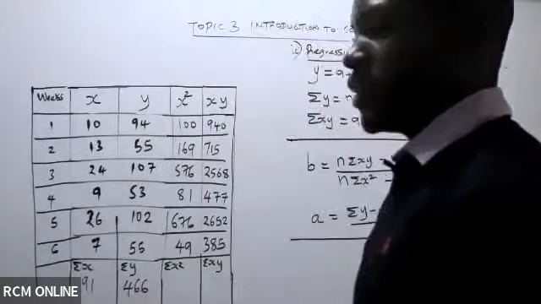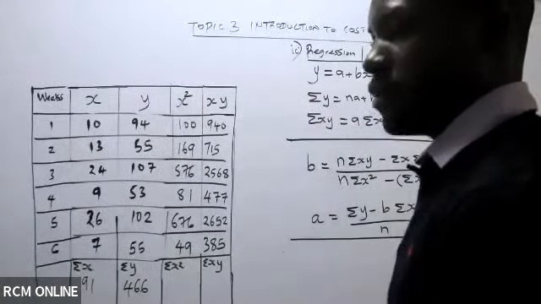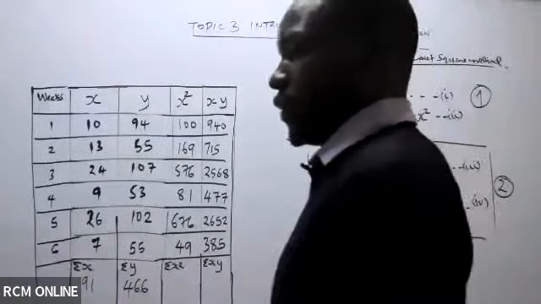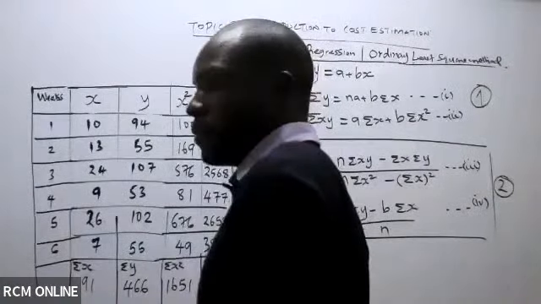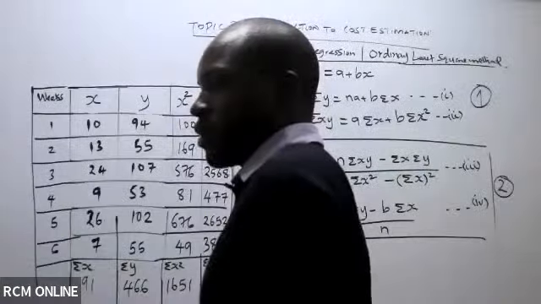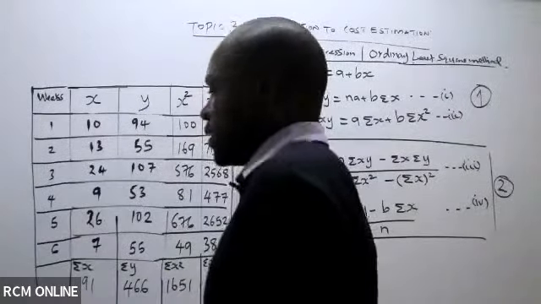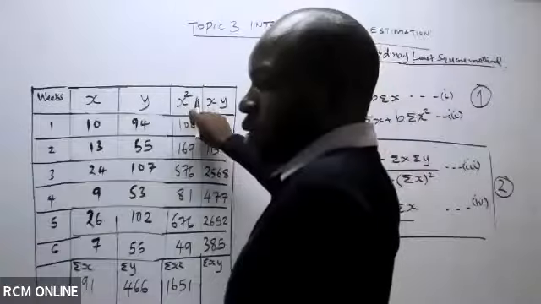Someone to do x squared. X squared, 1651. Someone to confirm? 1651, is that the total?